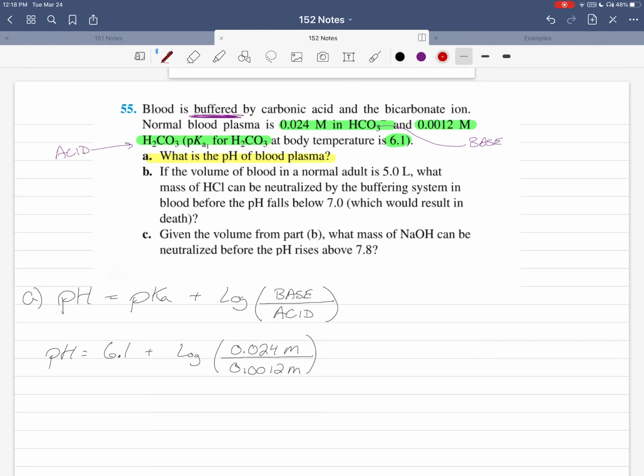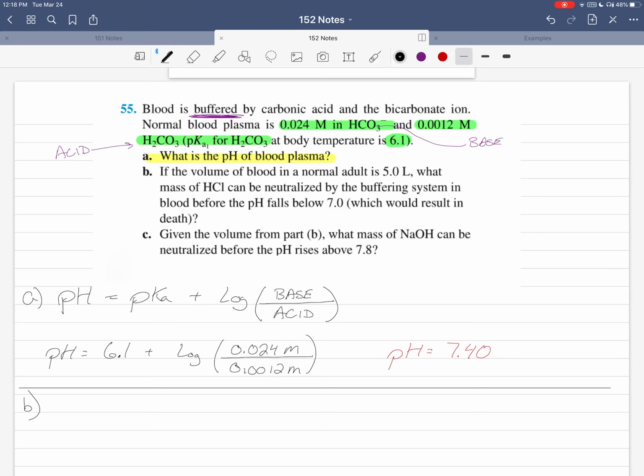That gives me a pH of 7.40. So there's normal blood pH. Part B.